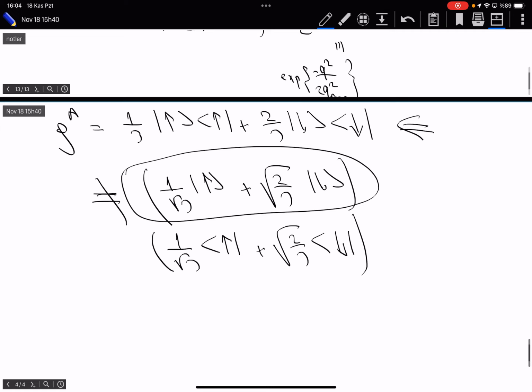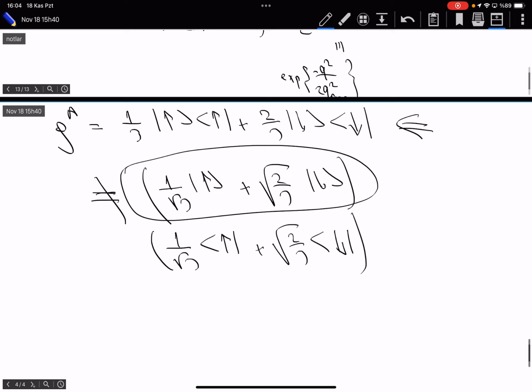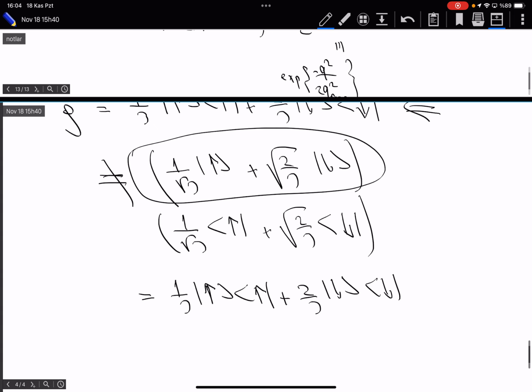So if you write the density matrix corresponding to the last one, this is 1/3 spin up, plus 2/3 spin down, plus square root of 2 over 3 spin down, spin up, plus square root of 2 over 3 spin up, spin down.